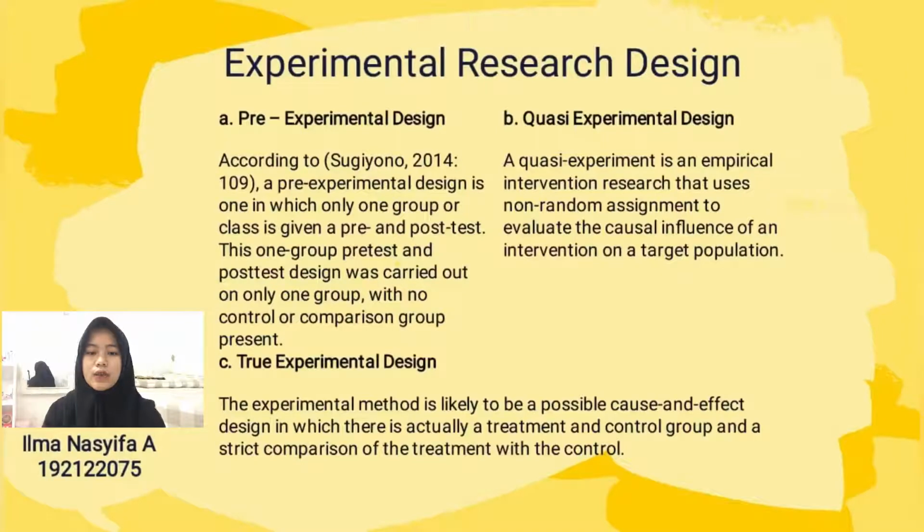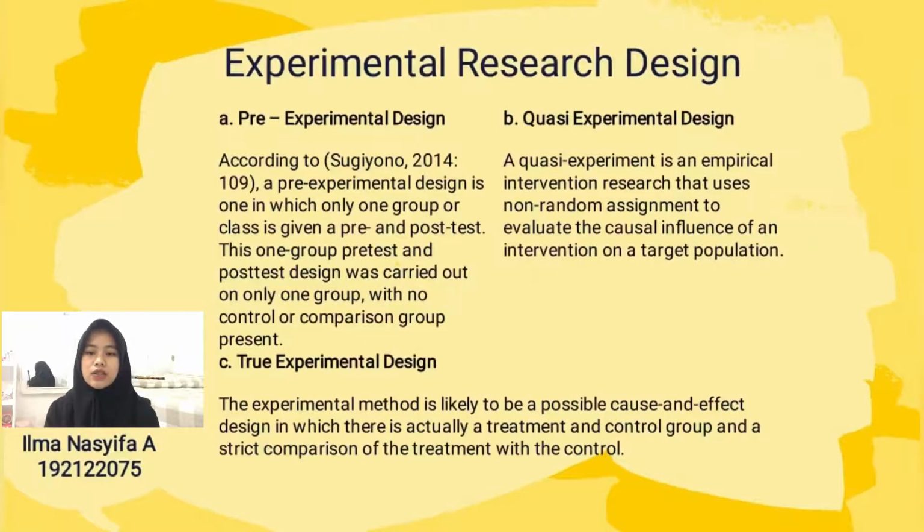And then the second is one group pre-test post-test. This research design combines both post-test and pre-test study by carrying out a test on a single group before the treatment is administered and after the treatment is administered, with the former being administered at the beginning of treatment and the latter at the end.